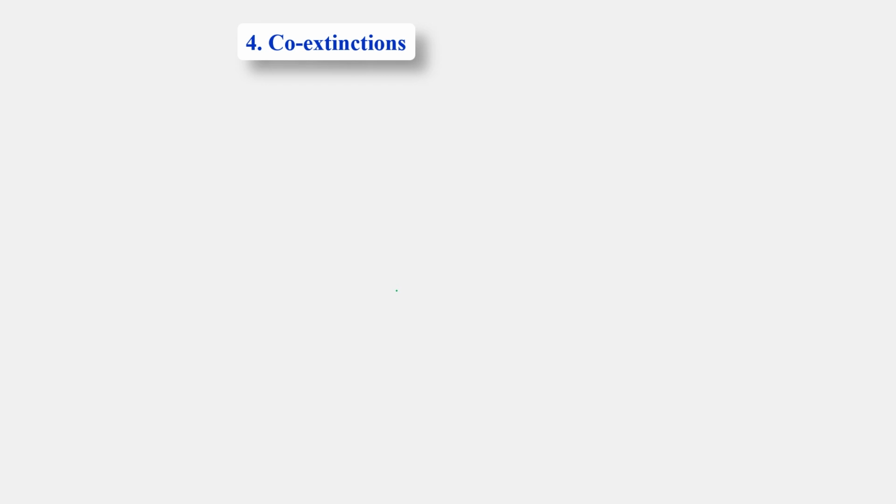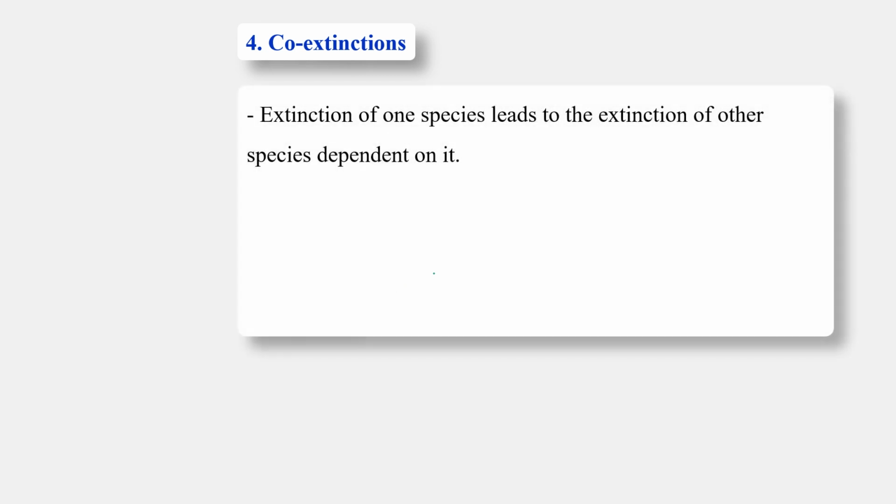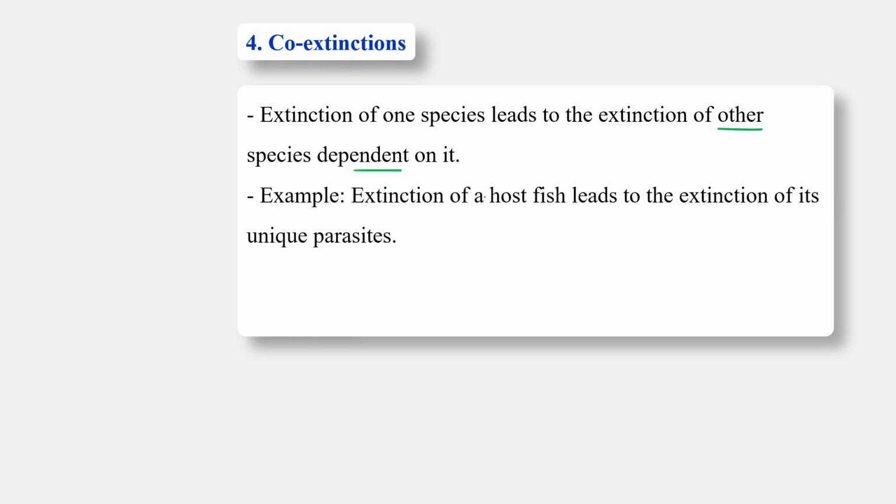And the fourth evil is co-extinction, meaning extinction of one species leads to the extinction of other species dependent on it. Like extinction of a host fish leads to the extinction of the unique parasite present on this fish's body.